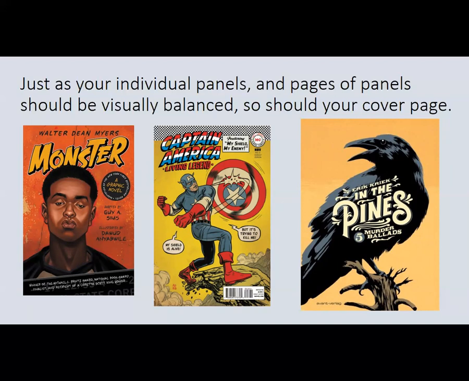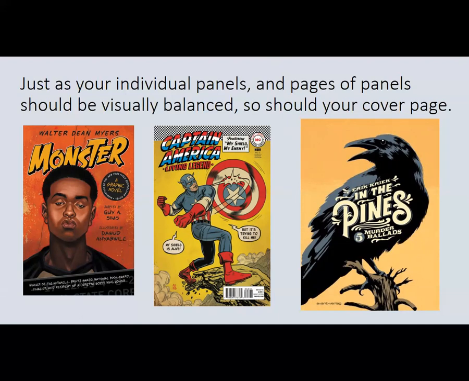So we'll start with the Captain America one first. When we're talking about balance, always remember that what makes an image well balanced is an overall distribution of a basic formal element or a couple of basic formal elements.